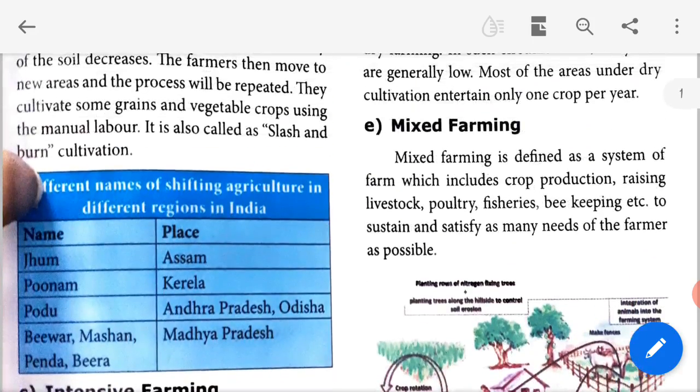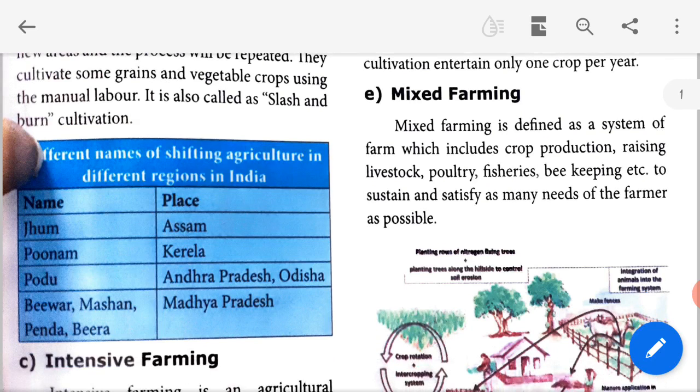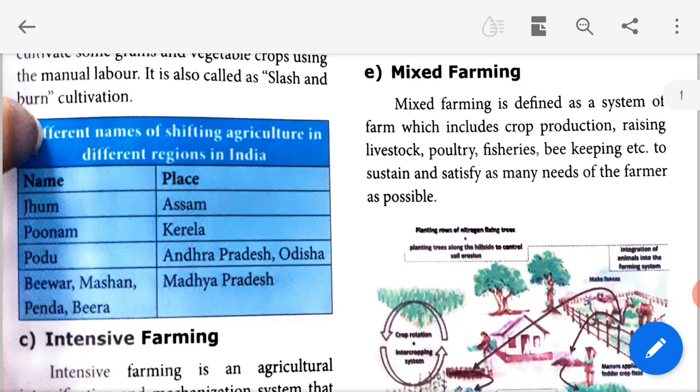Mixed farming. Mixed farming is defined as a system of farm which includes crop production, raising livestock, poultry, fishery, beekeeping, etc. So here they not only do crop production but they will also raise livestock, that is domesticated animals, cows, goats and all those things.